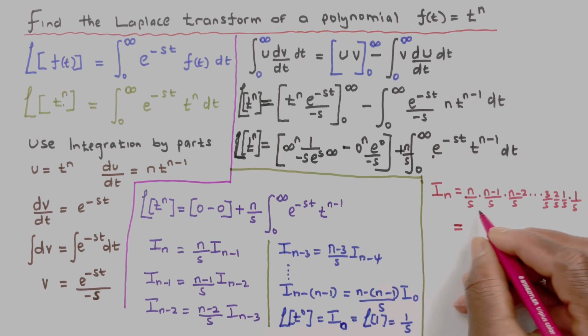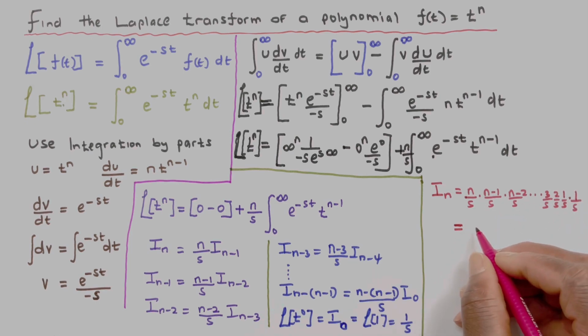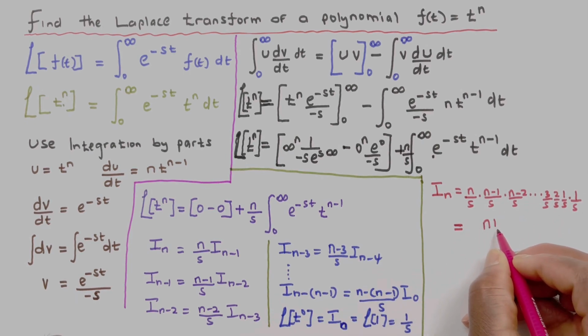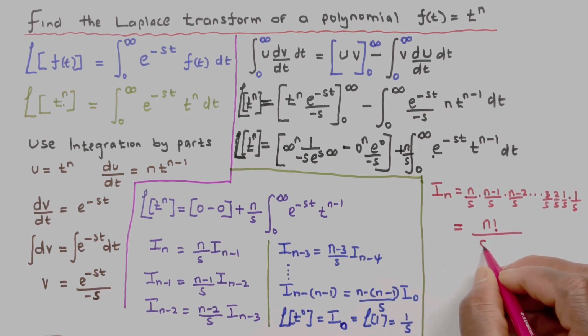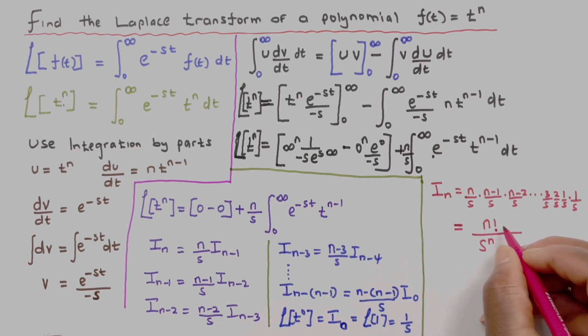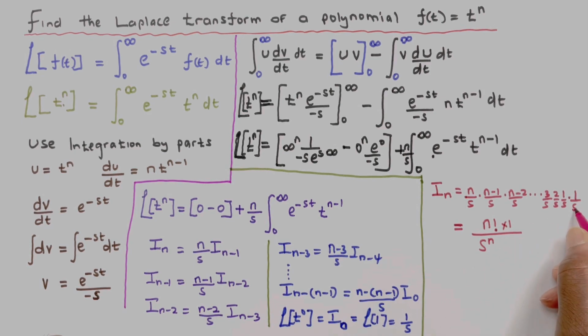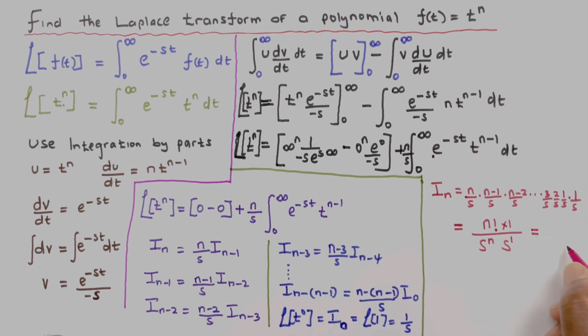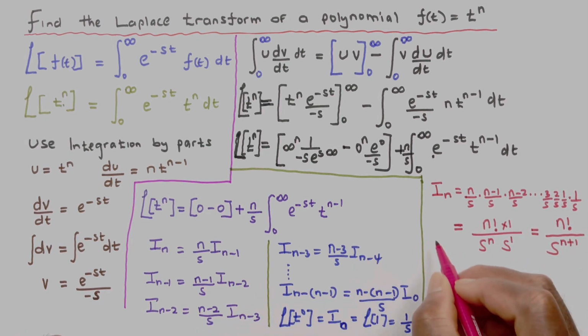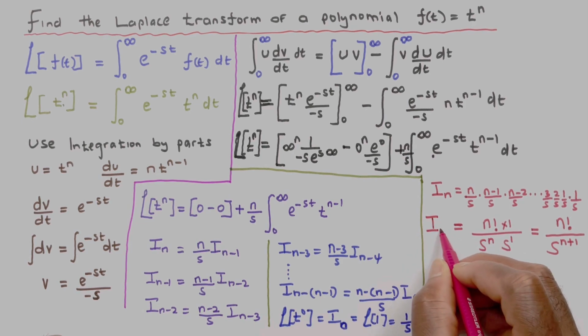And so if you look at the top, there is n factorial. How many s's do we get? We get s at the bottom, s to the power of n, all the way to 1, and then for the I0 it is 1 over s. So that's it. If we put it together, that would be n factorial times 1, which is n factorial, over s, and you add the powers together, same base, and so you get n plus 1.